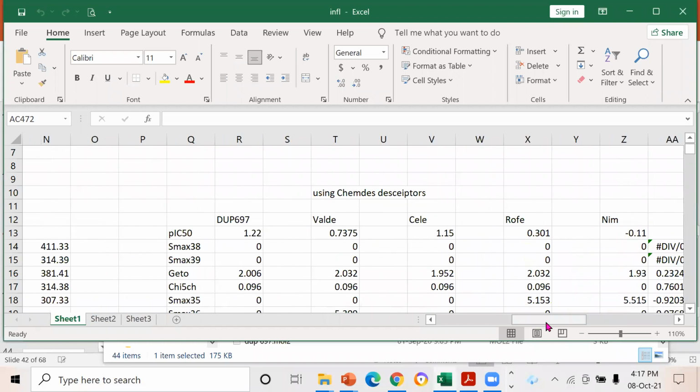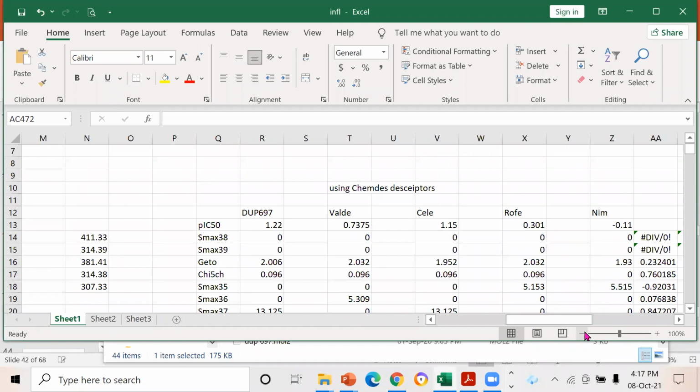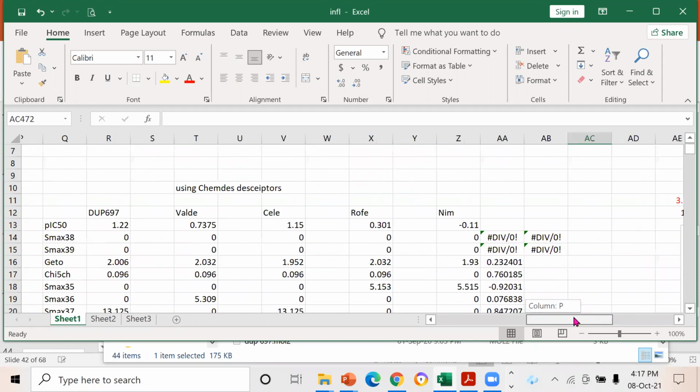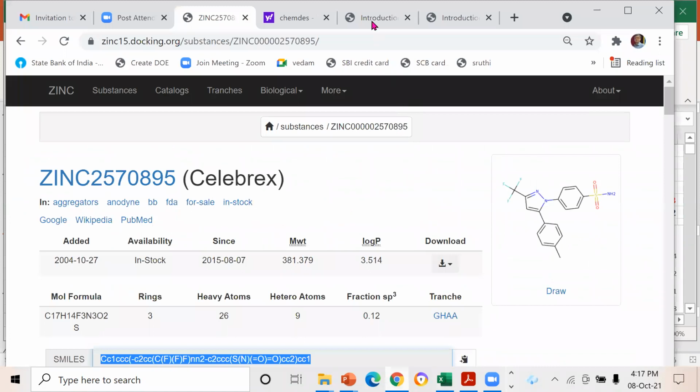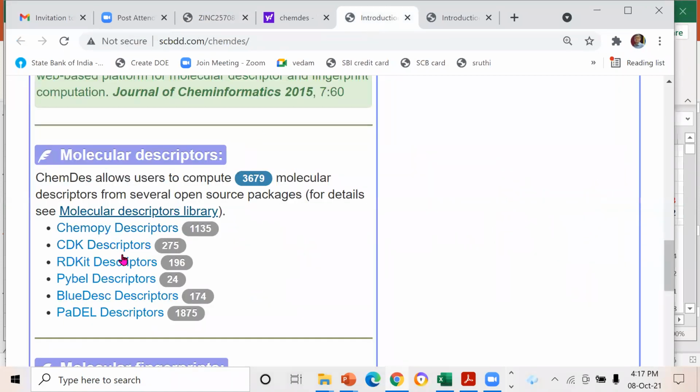Okay, so what I did was, you have to take one compound, go to ZINC, get the SMILES, go to ChemDesk, and then you run one descriptor set, because ChemDesk has different descriptor sets.